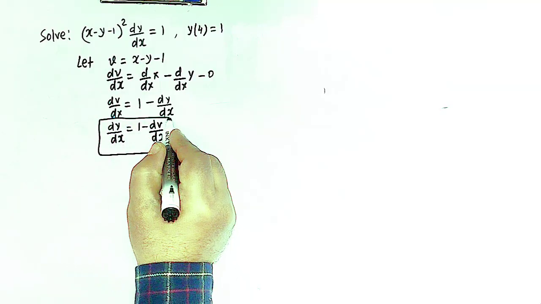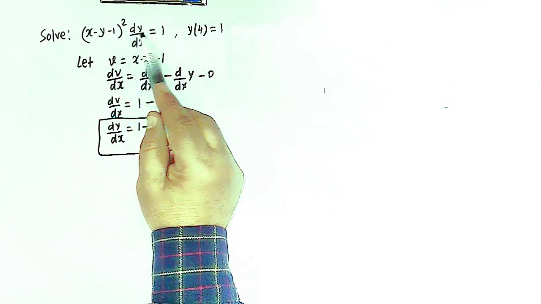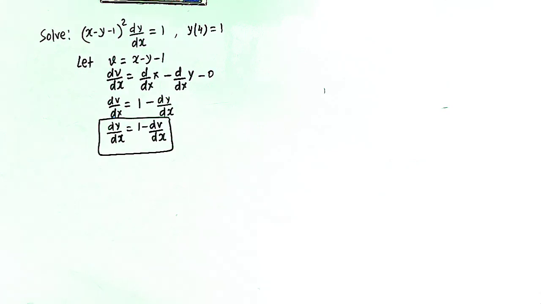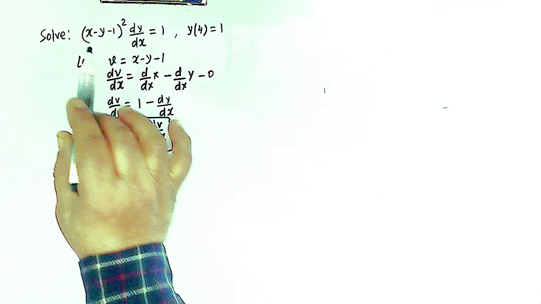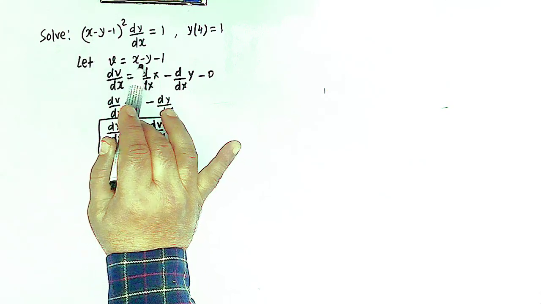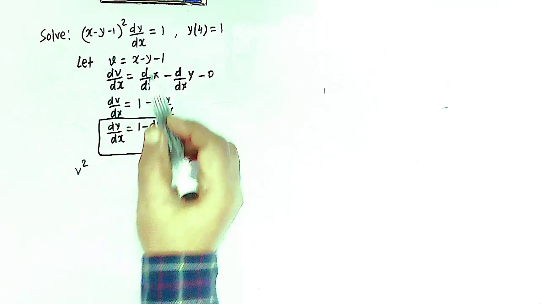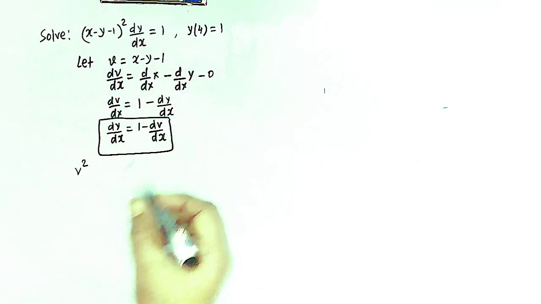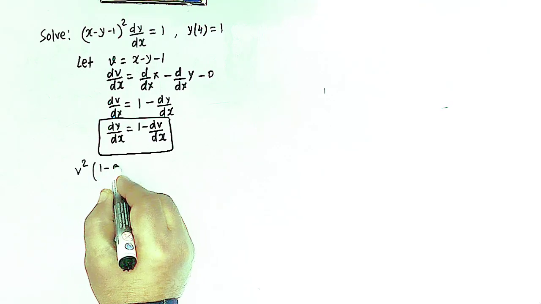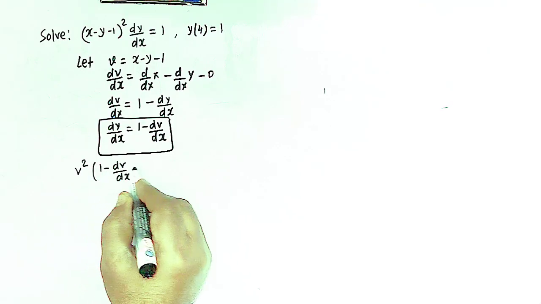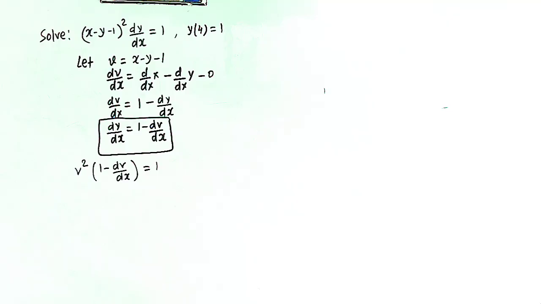So now let us transform this equation in terms of v and x. So here we have v is equal to x minus y minus 1. So we can now write here v square, then for dy over dx, we have 1 minus dv over dx, and this is equal to 1.